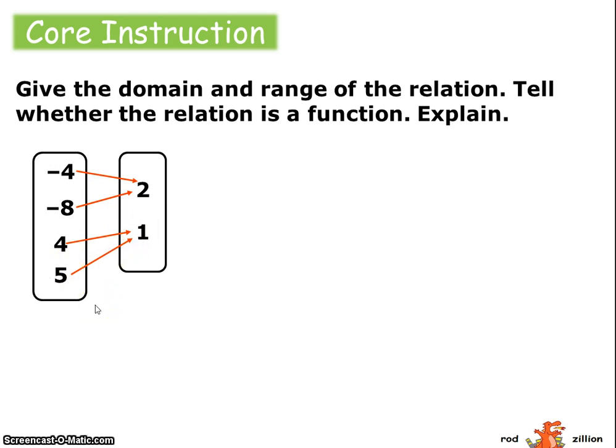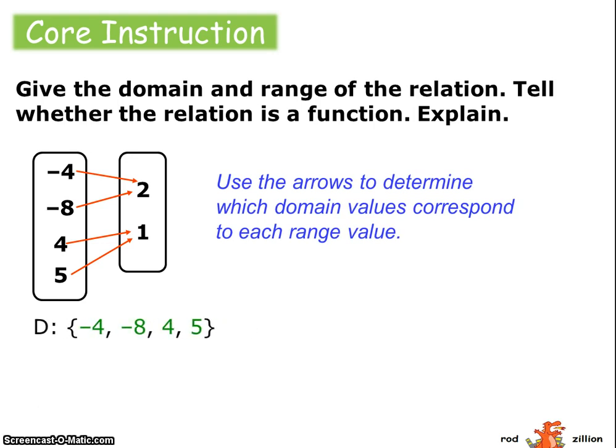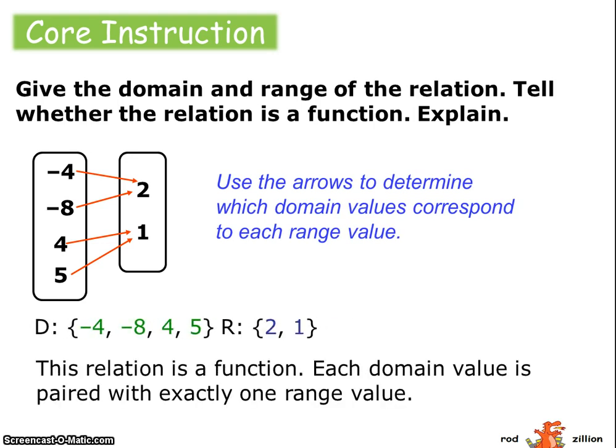So this is okay. The relation is a function. Each domain value is paired with exactly one range value. It's a problem if 5 were assigned to 1 and 5 were assigned to 2. That would not be a function.